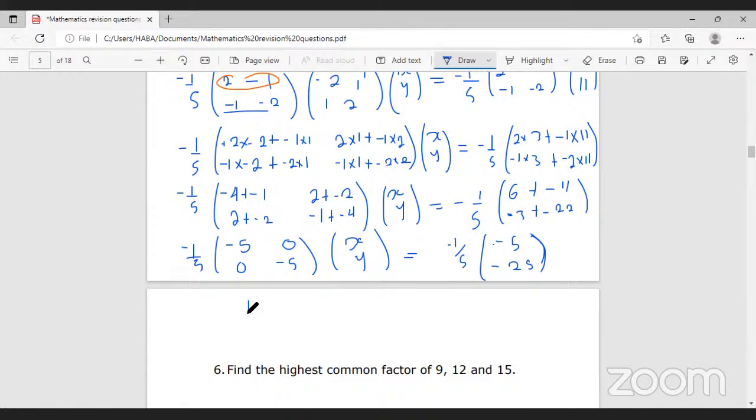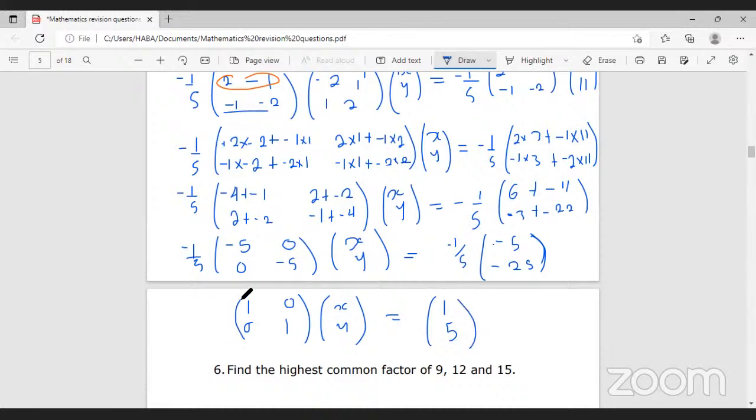Then this is 0, this is 0, this is 1. Then xy. Then -5 still gives us a 1, a positive. Then -25 times -1 is 25, divided by 5, is 5.